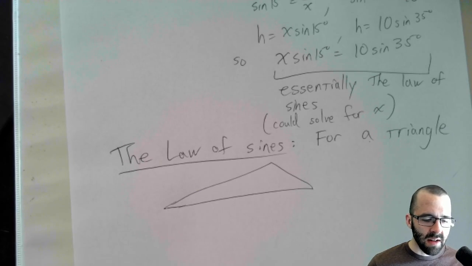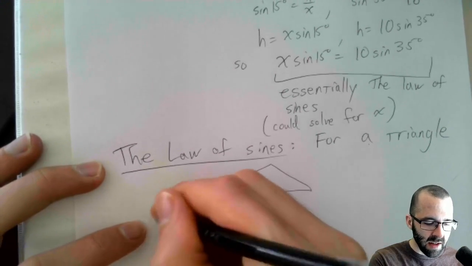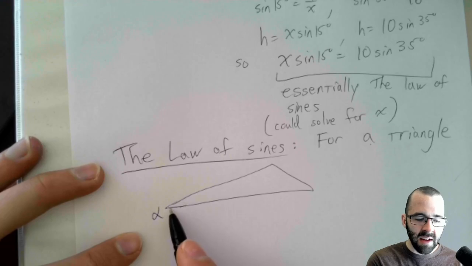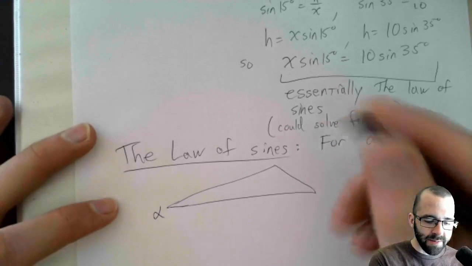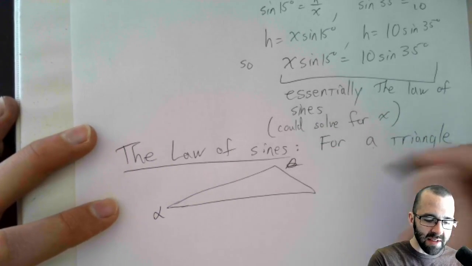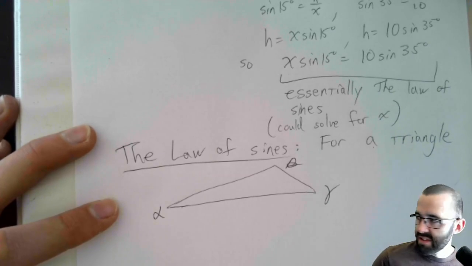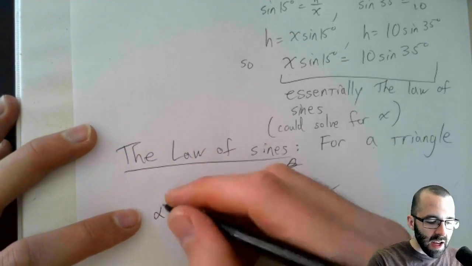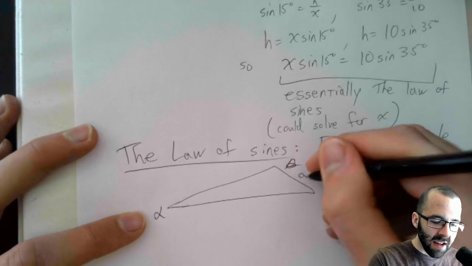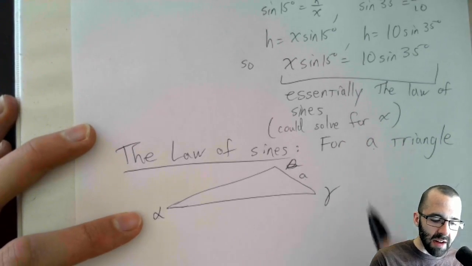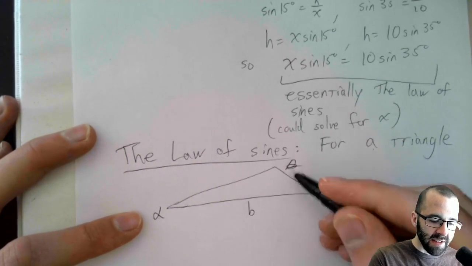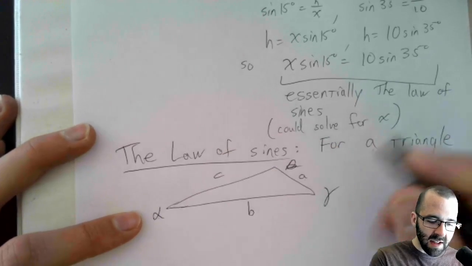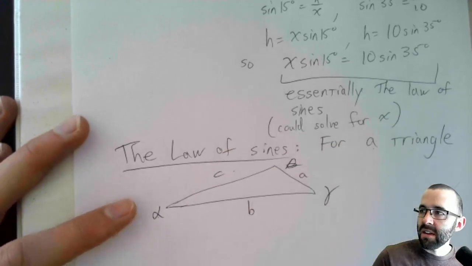So I'll use that, but you can call these capital A. If you want to use capital A for this angle instead of alpha, go for it. If you want to use capital B instead of beta, if you want to use capital C instead of gamma, go for it. And then the convention is that a is the side that's opposite the angle alpha, b is the side that's opposite angle beta, and c is the side that's opposite angle gamma.